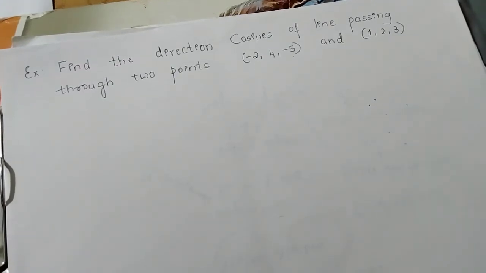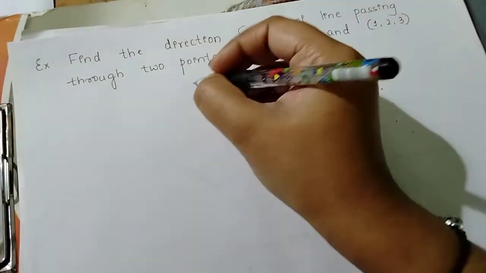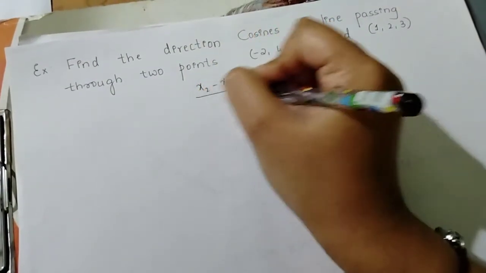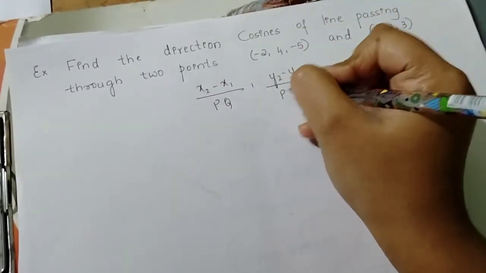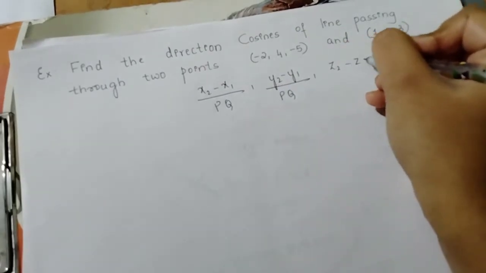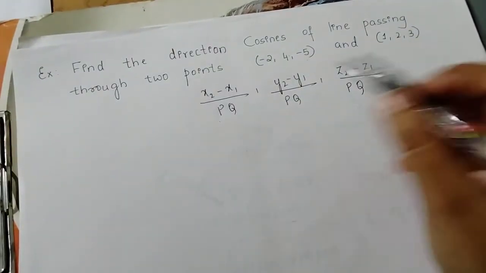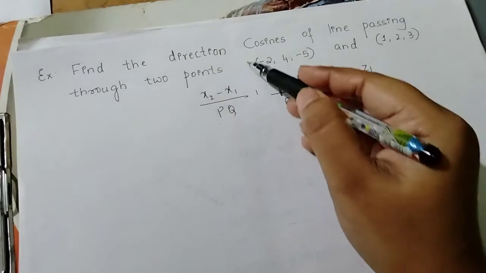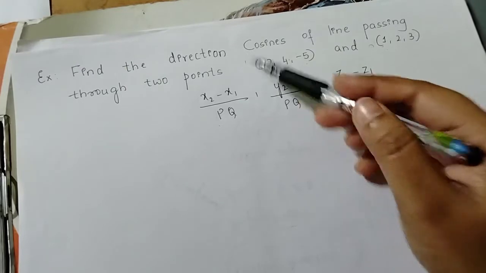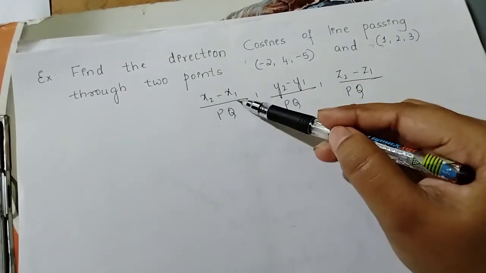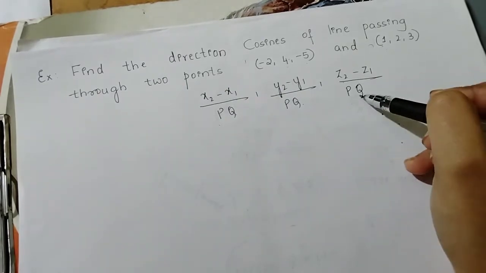So you are going to use that formula: x2 minus x1 divided by PQ, y2 minus y1 divided by PQ, z2 minus z1 divided by PQ. This will be the P point, this will be the Q point. The P coordinate is given, the Q coordinate is given. You have to find the direction cosines.